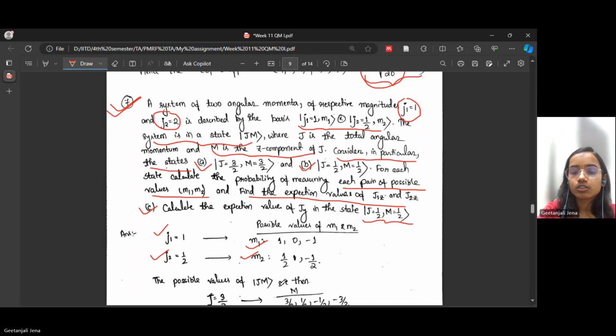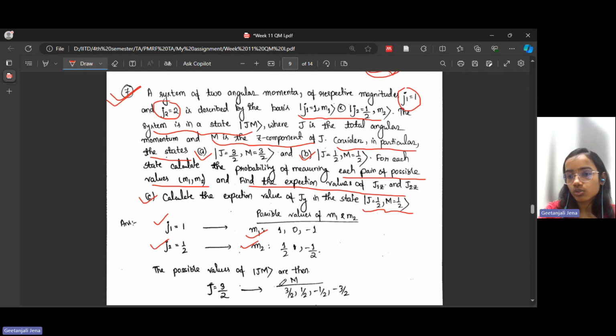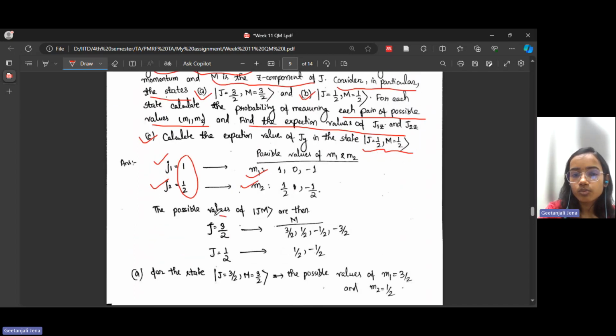So when J1 equal to 1 and J2 equal to 1/2, what will be the possible values of J? J goes from J1 plus J2 down to mod of J1 minus J2. J1 plus J2 is 1 plus 1/2, which is 3/2, and mod of J1 minus J2 is 1 minus 1/2, which is 1/2. So you will have two possible values of J, 3/2 and 1/2.